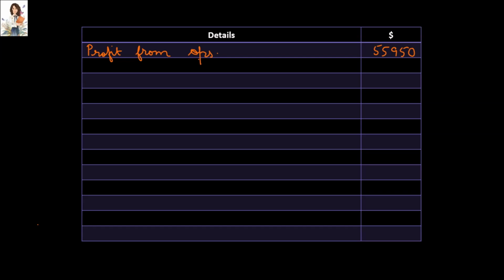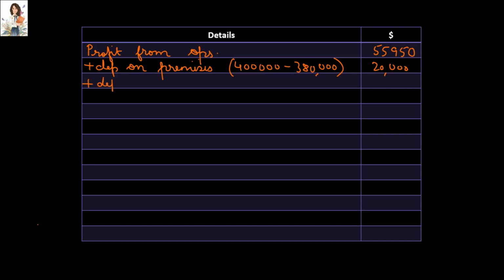So your depreciation on machinery is $27,000. So we add the depreciation on premises, $400,000 minus $380,000, 20,000.